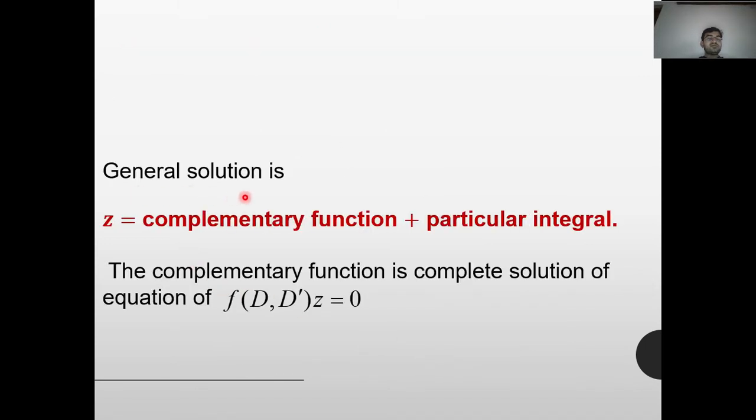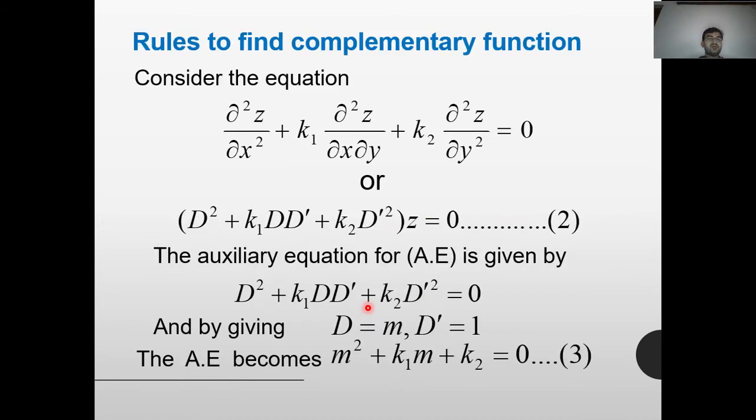And the general solution is z is equal to complementary function plus particular integral. The complementary function is the complete solution of f(D, D') z is equal to 0. Rule to find the complementary function: this is the partial differential equation.